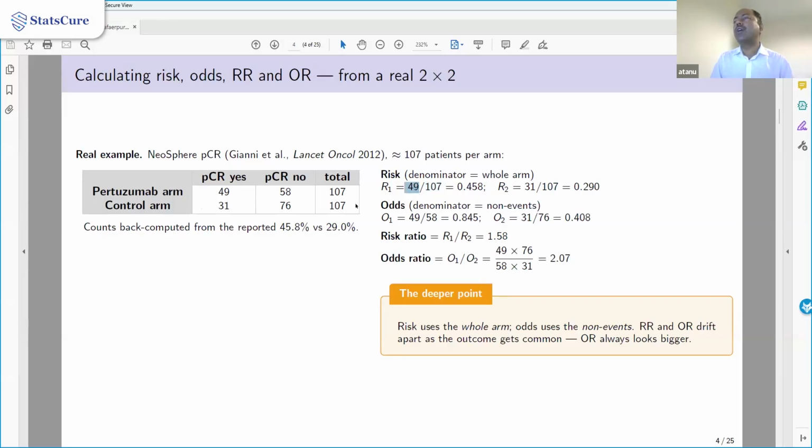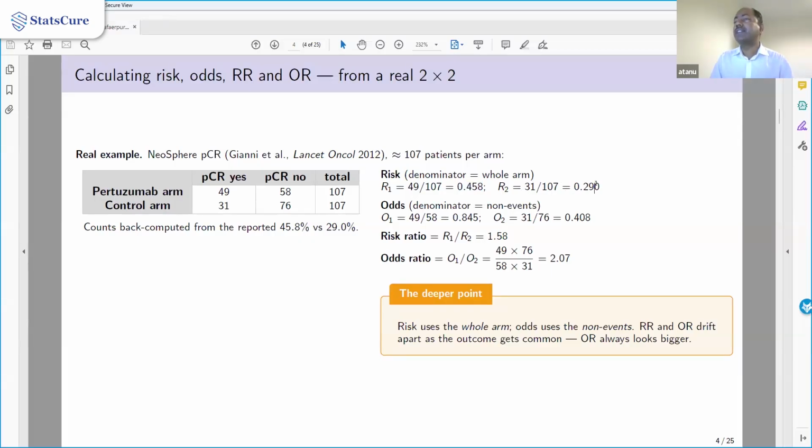So the risk of having PCR among those treated with pertuzumab was 0.458. Similarly, the risk of having PCR in the control arm was 31 upon 107, so 0.29. Apparently we can see this risk is quite high, meaning the number of people with PCR was quite high in the pertuzumab arm as compared to the control arm. This is typically called risk.